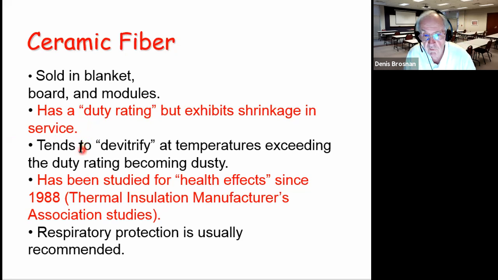They can devitrify or become crystalline. They're glassy fibers when you buy them, but in long exposure to high temperatures, they can devitrify and then they become fragile and dusty. And they've been studied for health effects for a long time. Respiratory protection is usually always recommended.